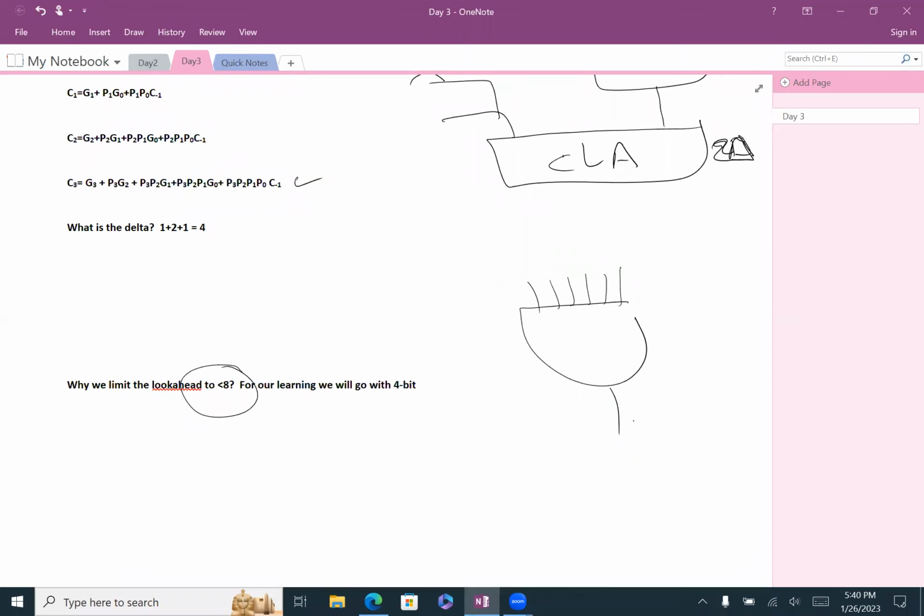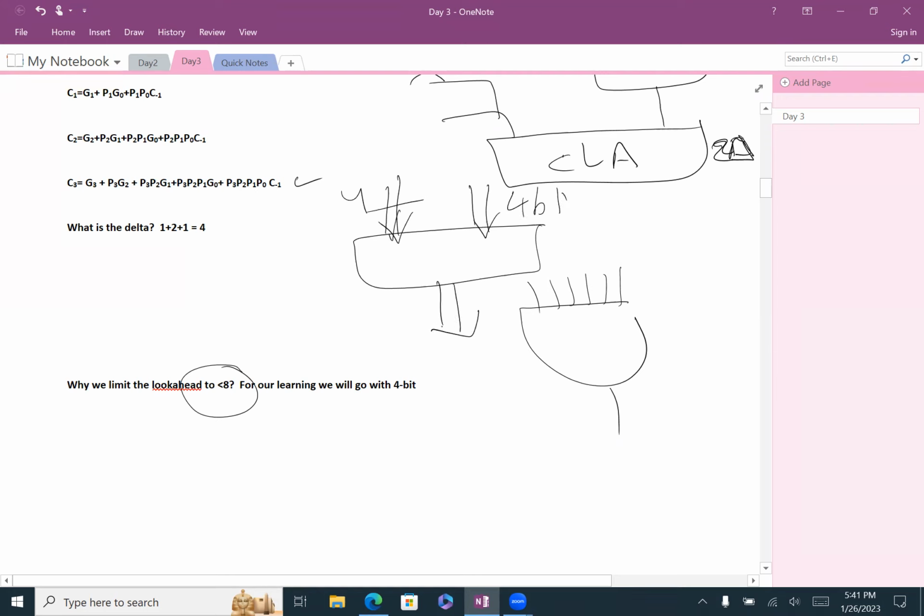So in theory, they stop at 4. When you have a gate with 4 or 5 inputs, you will be fine. You can control the delay, but more than 5, you will have a problem. That's why we stop with how many bit adder? 4 bits. So if you do a 4-bit adder, you will be fine, correct?